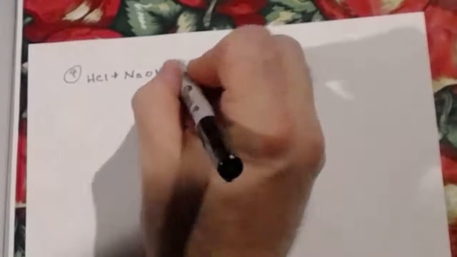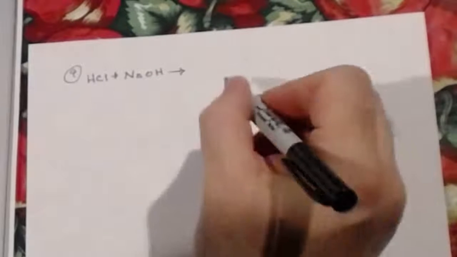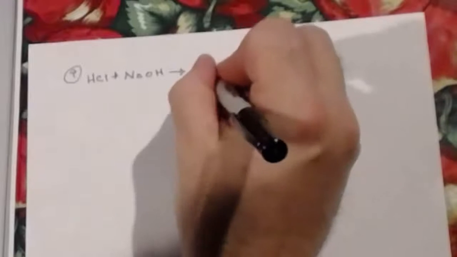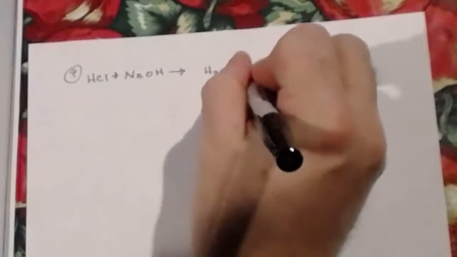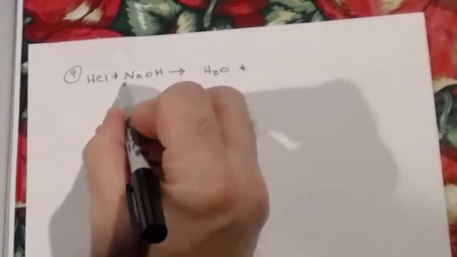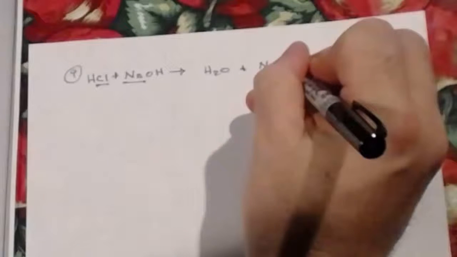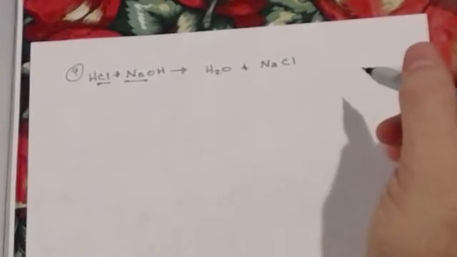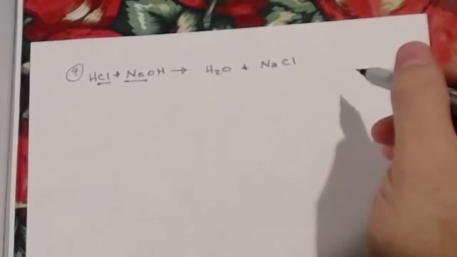An acid and a base, this is also an ionic base, means it's going to produce water and a salt. We've got a hydrogen and a hydroxide that makes H2O, and we have the metal from our base and the remainder from our acid, and we're going to produce sodium chloride. So we're making salt and water from hydrochloric acid and sodium hydroxide.